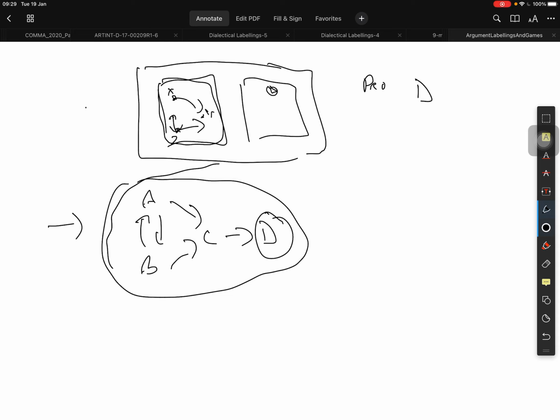So pro moves D. The other student looks at the framework, sees that there is an argument attacking D. We're going to call the other student opponent.